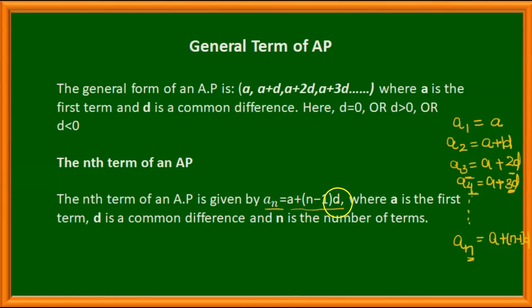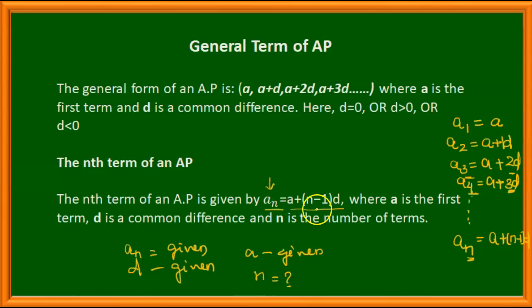Then with all these given, we can find an. And from this equation, if an is given, the common difference is given, and a is given, and you are asked to find the number of terms, we can calculate it using the same formula.